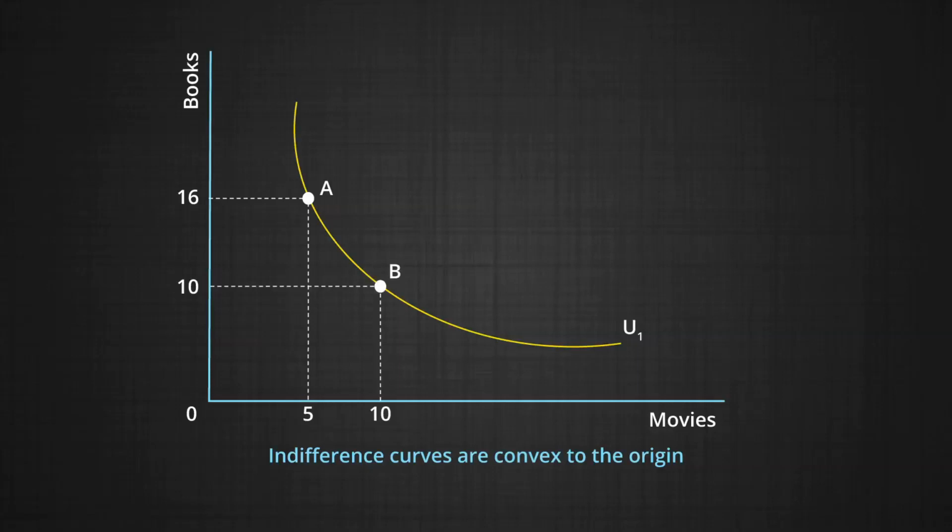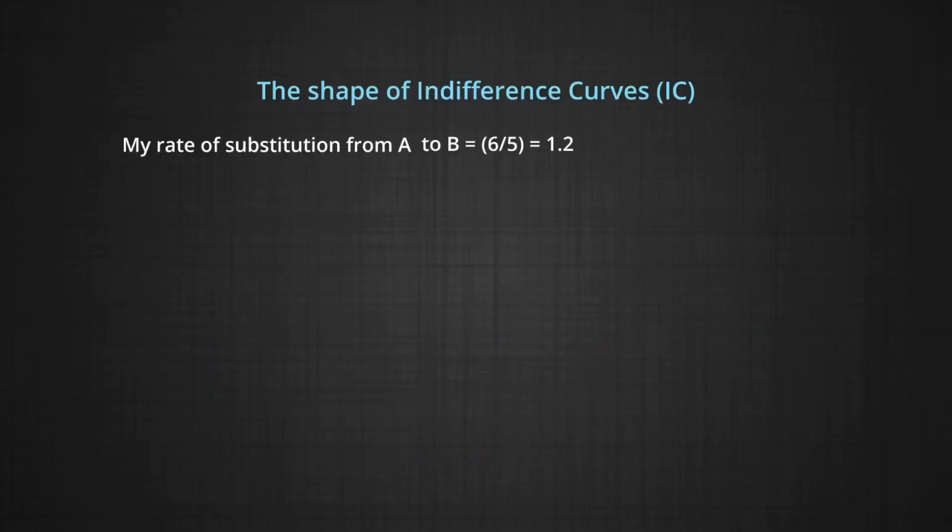If I move to point B, I can consume 10 movies and 10 books with the same amount of total utility. And this is important. The total utility hasn't changed. I have given up 6 books to get 5 more movies. My rate of substitution from A to B therefore is 6 divided by 5, which equals 1.2.